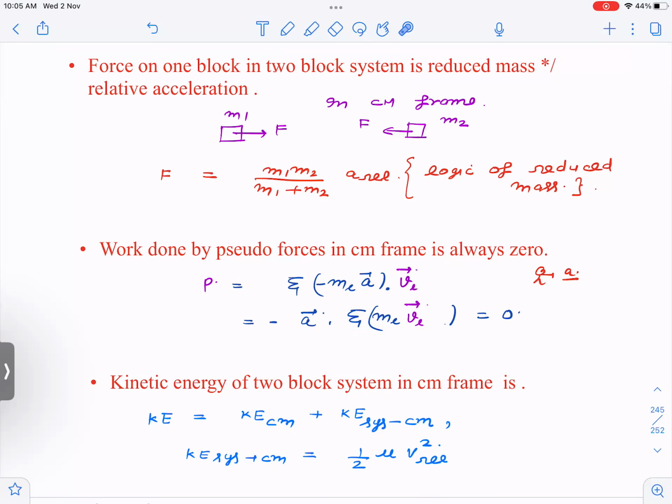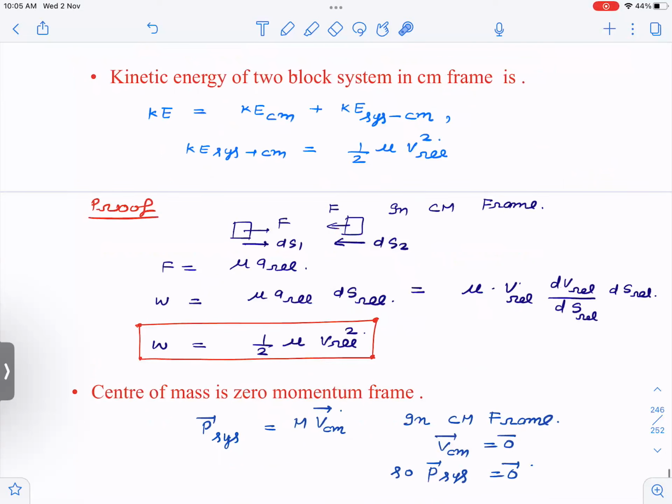Now, next one, let us see. Kinetic energy of a two block system in the CM frame. This is the general formula of kinetic energy, I think you know this already. Kinetic energy of the system with respect to Earth is the kinetic energy of the center of mass plus the kinetic energy of the system with respect to the center of mass, right? Now this formula is very important to know.